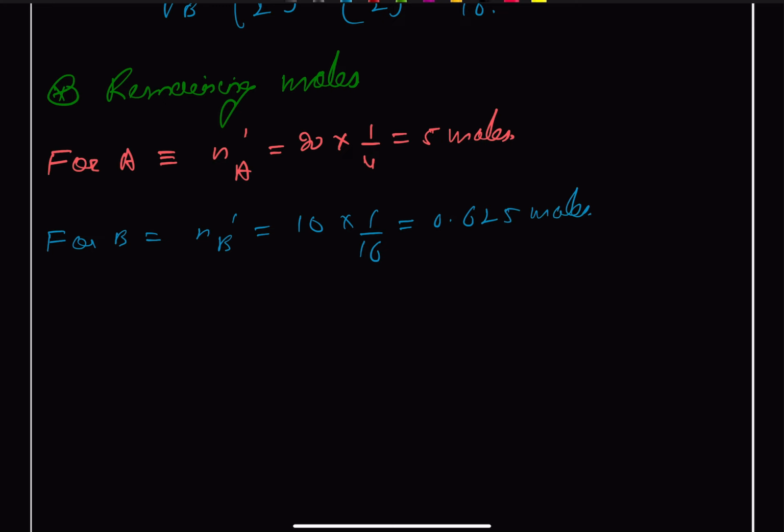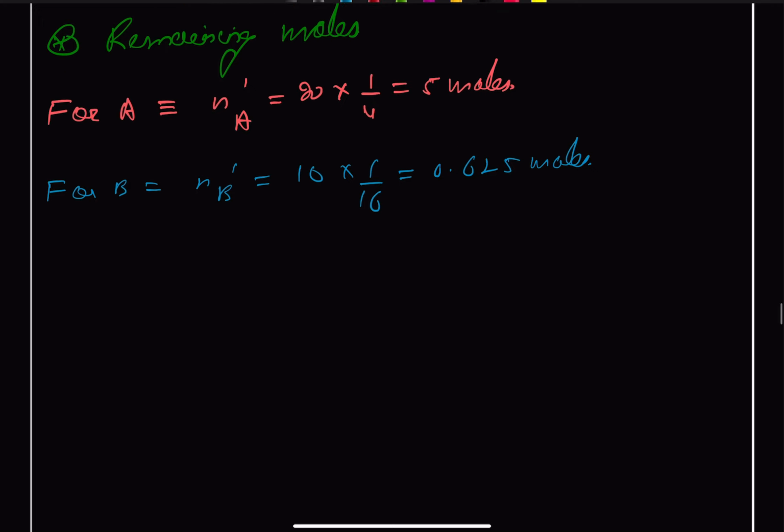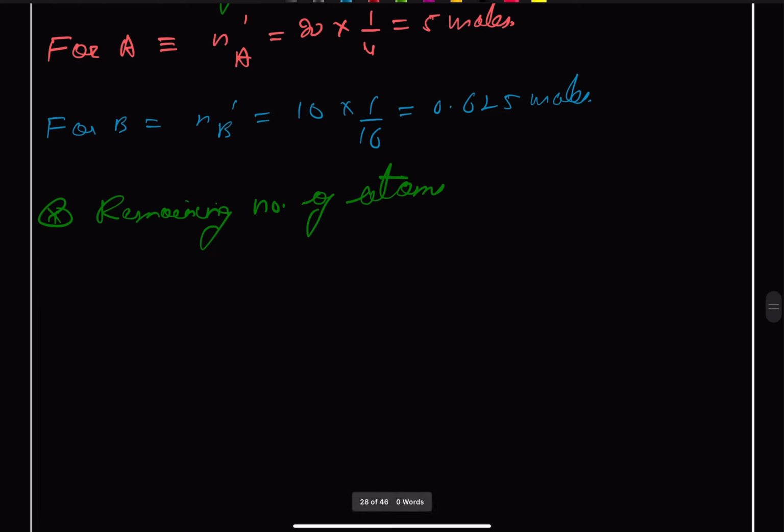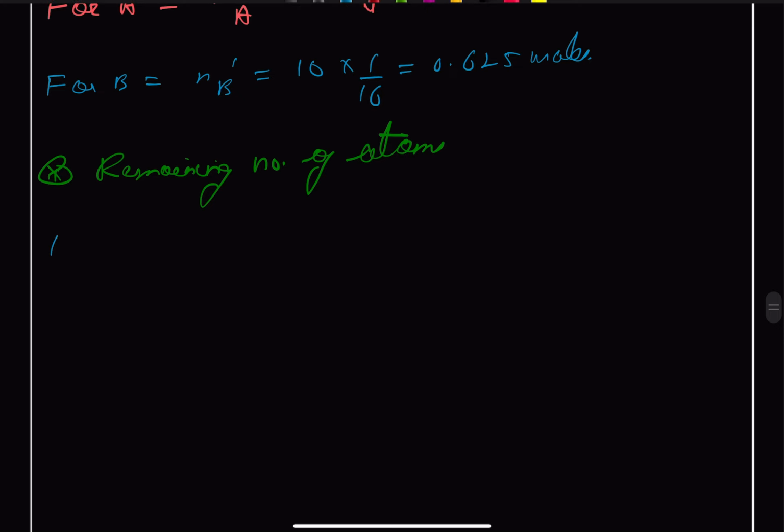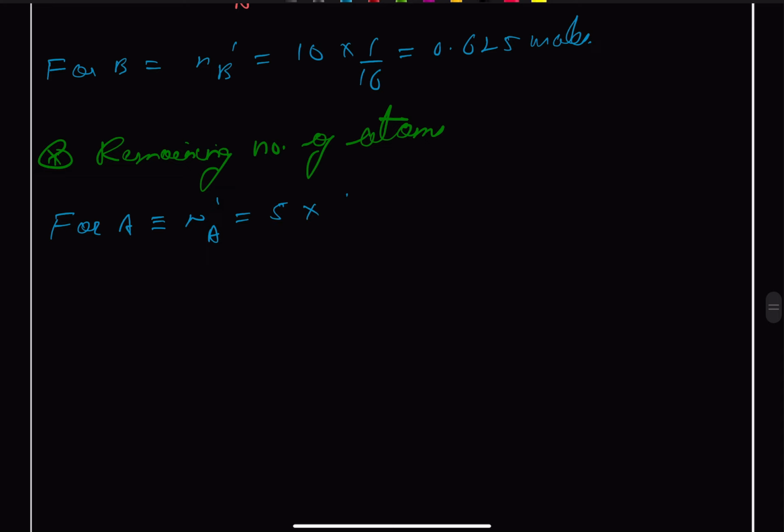And from these moles respectively, we are going to find out the number of atoms. Remaining number of atoms, and for A, let us call this Na prime, will be equal to moles 5 times Avogadro number 6 into 10 to the power 23.